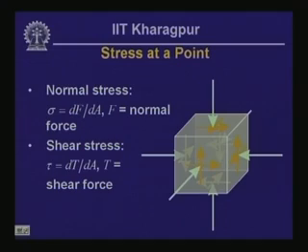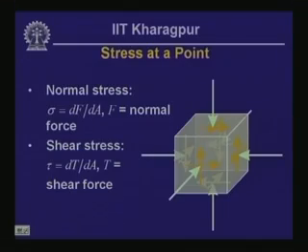Okay. So, in general then, for a 3-dimensional state of stress, we are going to have 3 normal stresses oriented in 3 orthogonal directions within the body, within the rock mass or soil volume, and we are also going to have 3 more shear stresses on 3 orthogonal planes.